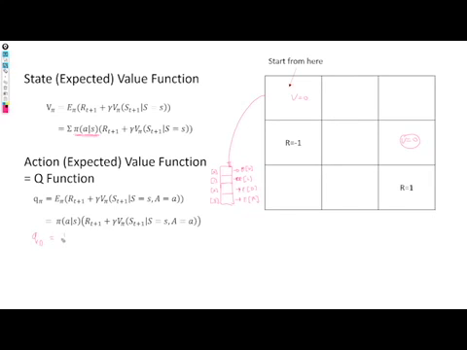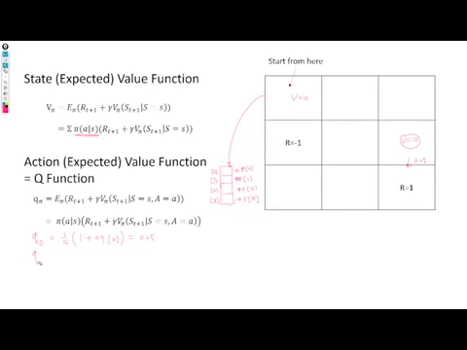That is 1/4 at the very first iteration, because it's all initialized equally. Then the next state's reward value is 1 times 0.9, and the state expectation is 0, and that is going to be 0.25. So the expected value of going down at this state will be 0.25.